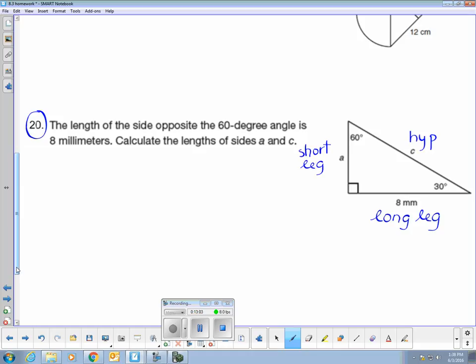So if I want to go from the long leg to the short leg, I need to take 8 and divide it by radical 3. And then from the short leg to the hypotenuse, I'm going to double the short leg, and that gives me 16 divided by radical 3.